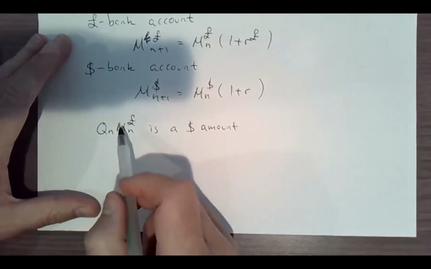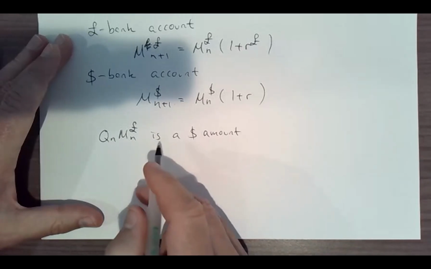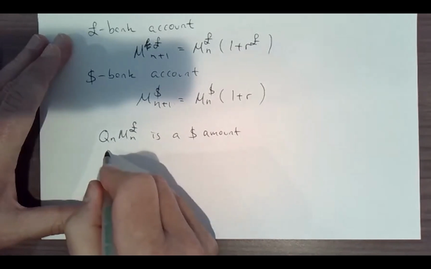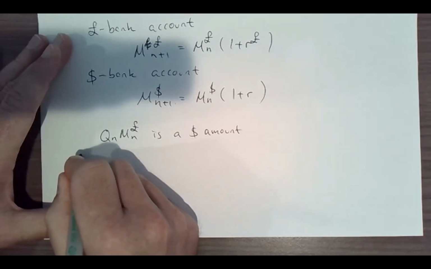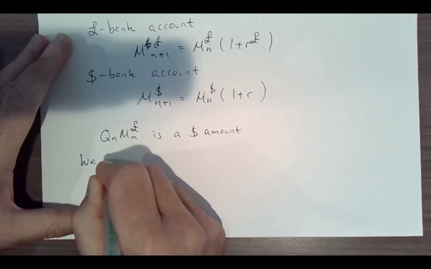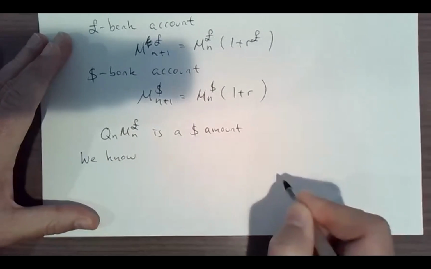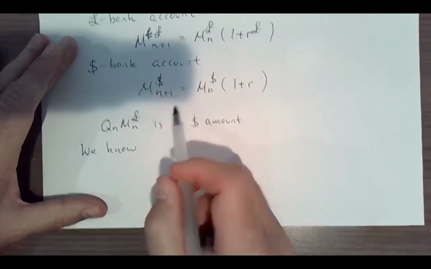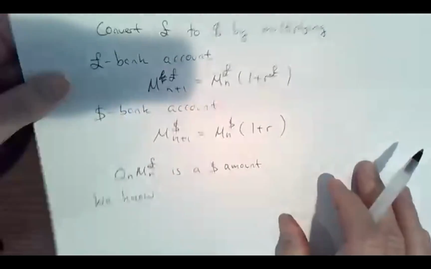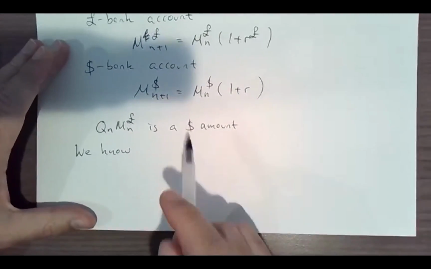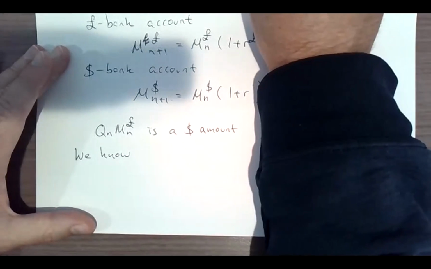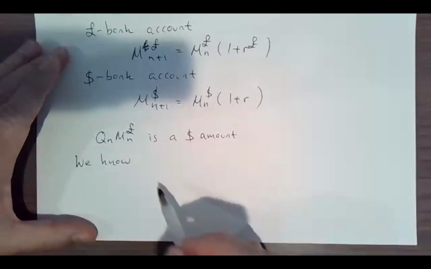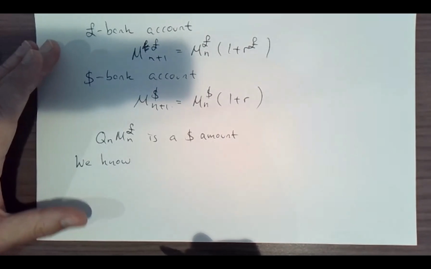Right, and the condition is the usual one. This is a dollar amount, and we know that anything denominated in the U.S. bank account will be a martingale under the risk-neutral measure.